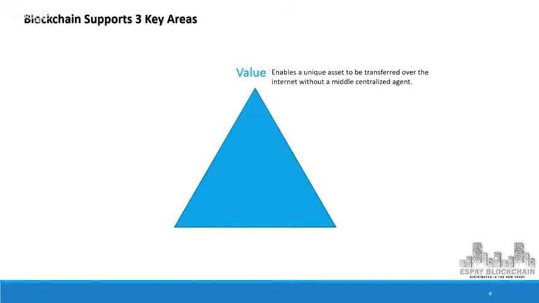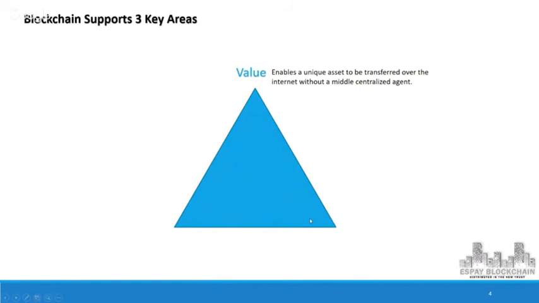Whether it is a currency, a real estate property, a painting, or any other thing which has some value and some record, it can be stored on blockchain and transferred from one person to another without any centralized agent or system to validate the transaction, because the transaction on blockchain is validated by the network users themselves.